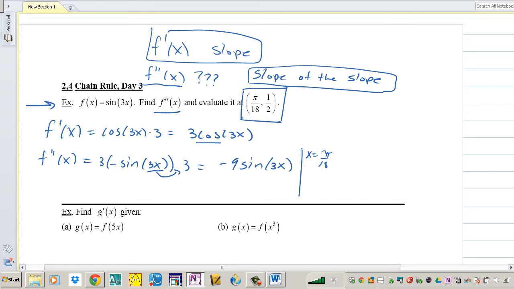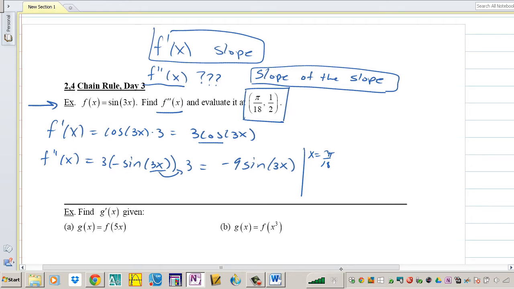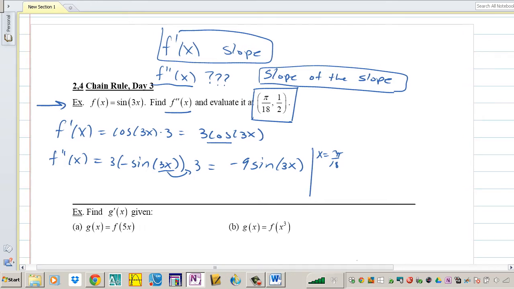Now you guys are probably thinking, well, sir, there's no pi over 18 in the unit circle. Relax. In the AP exam, they're not going to give you anything that you cannot compute with that unit circle. They're not going to give you a weird angle. So bear with this. Negative 9 sine of 3 times pi over 18, because now we're replacing every x with pi over 18.